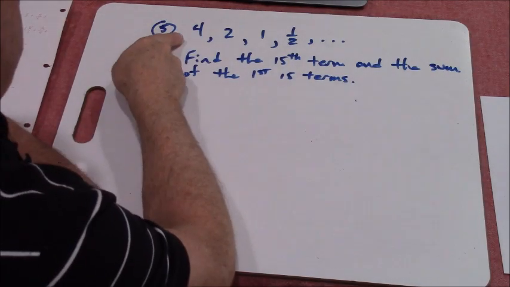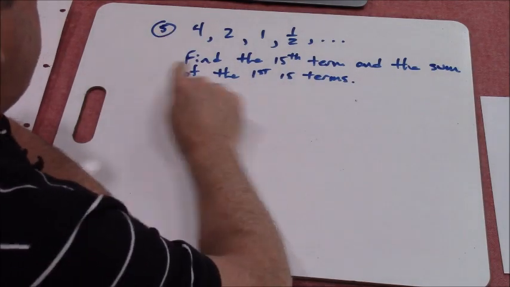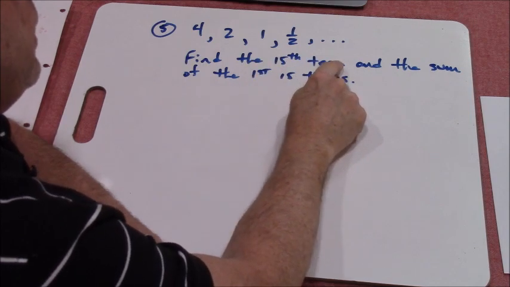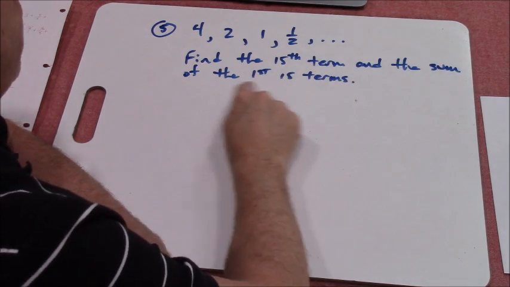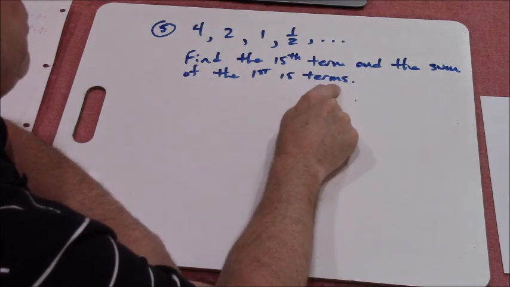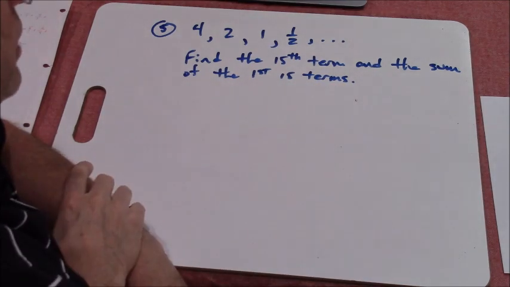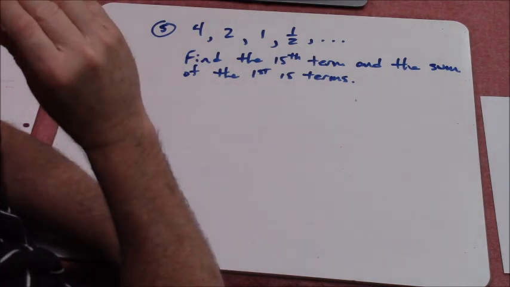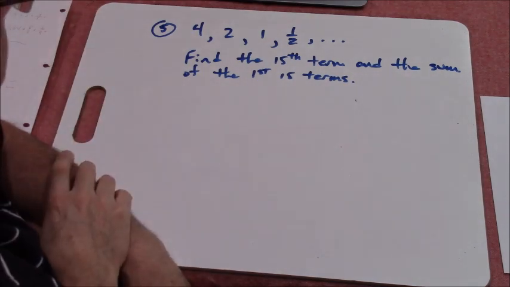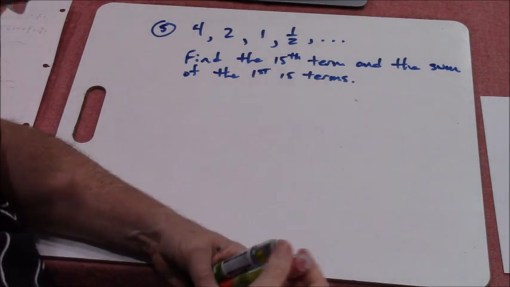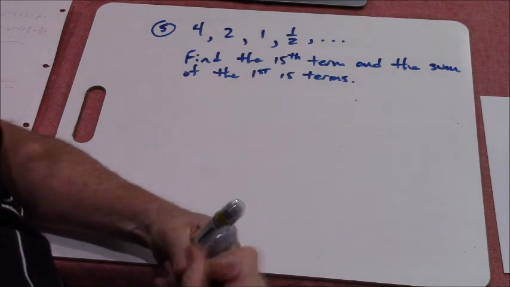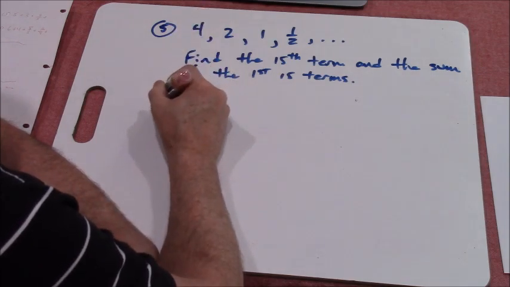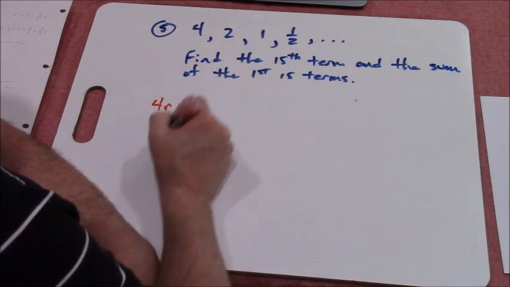All right, so here's another geometric sequence, and we're being asked to find the 15th term and the sum of the first 15 terms. You guys go ahead and try that. All right, so first of all, I have to figure out what my r value is. And again, if you're not sure, just say, start with your first term, 4 times r equals 2.